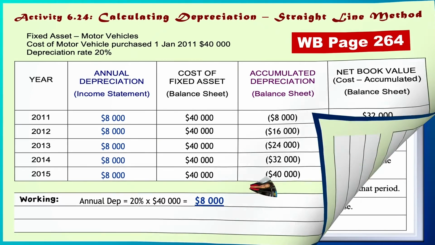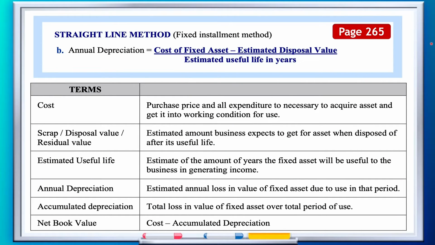What we are going to do now is we are going to look at the other way that you can calculate annual depreciation, still using the straight line method, but this is if they do not give you a percentage. If they don't give you a percentage or a depreciation rate, then you will use the formula, the cost of the non-current asset minus an estimated disposal value.